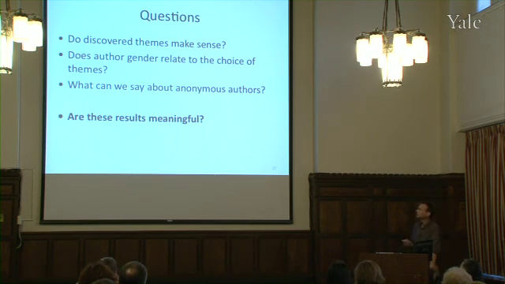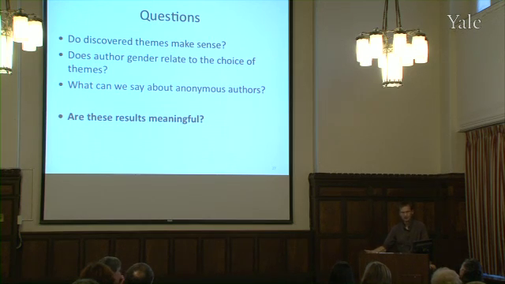And finally, we were really interested in what we could say about the anonymous authors. So one theory that most people think of first is that, oh, they're all women, because of the society they lived in, they were not able to publish under their own names.